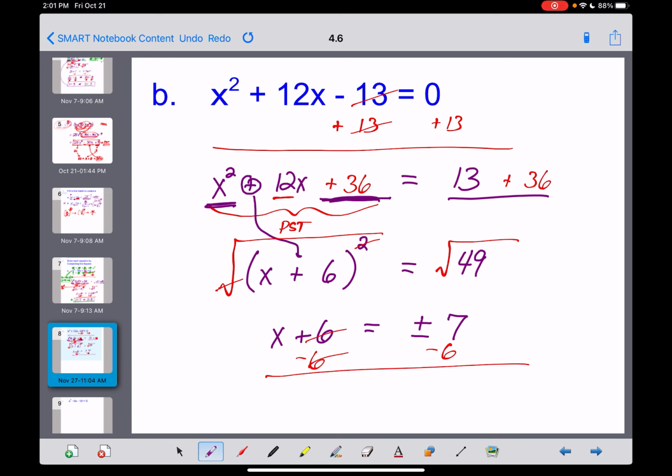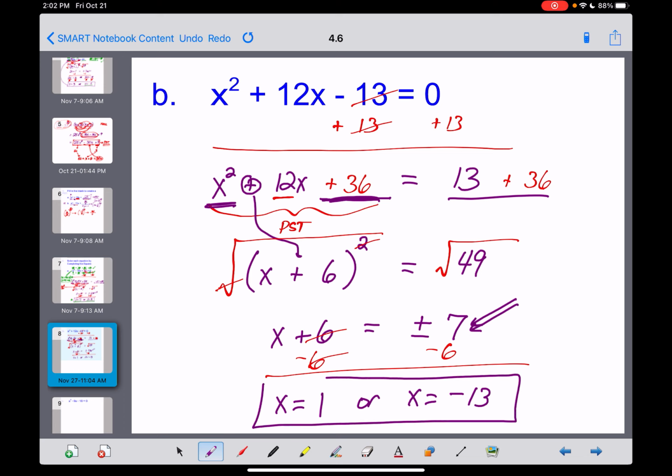Those cancel, and we're going to get x equals, all right guys, positive case first. What is positive 7 minus 6? 1. And there's another answer as well. Now we look at the negative case. What's negative 7 minus 6? That's going to be negative 13, and those are your two solutions to this quadratic equation.